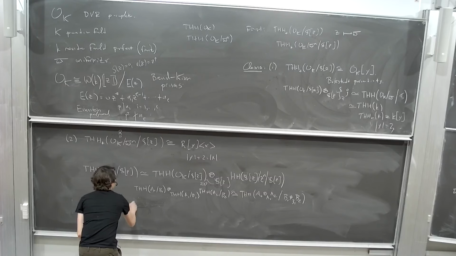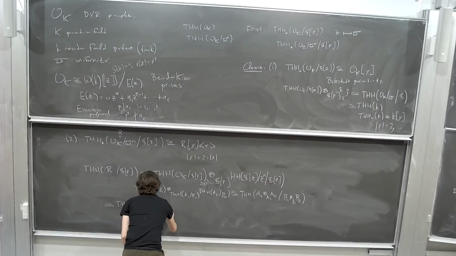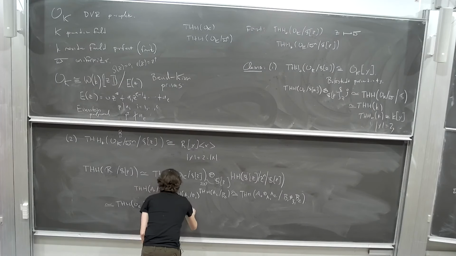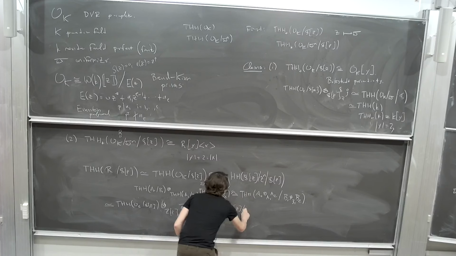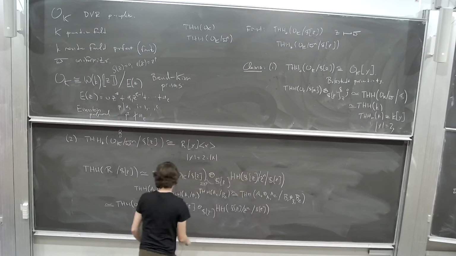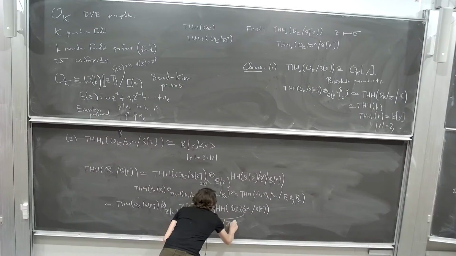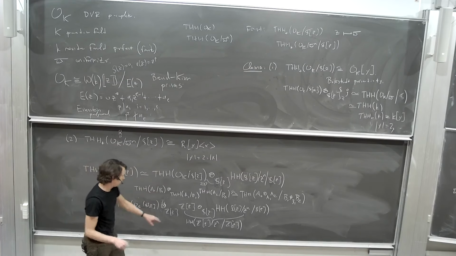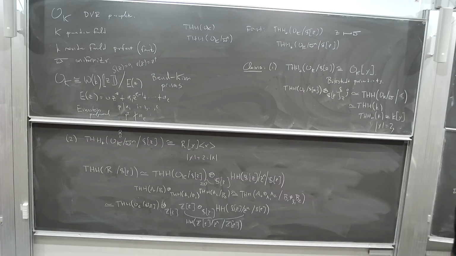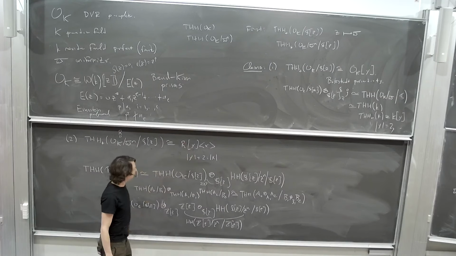So this is THH of OK over S adjoin Z, tensor over Z adjoin Z with Z adjoin Z, tensor over S adjoin Z, etc. And then this is Hochschild homology of Z adjoin Z mod Z to the n over Z adjoin Z. And so you see that here we're basically just tensoring the computation that we've already done in this case with the calculation that we just did here, and you end up with this result.